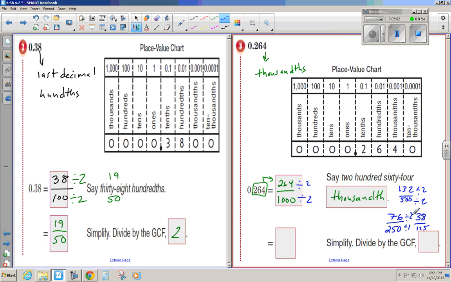And other than 2 and 19, none of those go into 125. So you simplify it all the way to 38 125ths. And you divided by 2 once, twice, 3 times, so the greatest common factor was 8. Now please, once again, you do not have to divide by the greatest common factor. You can divide by any factor of both numbers.